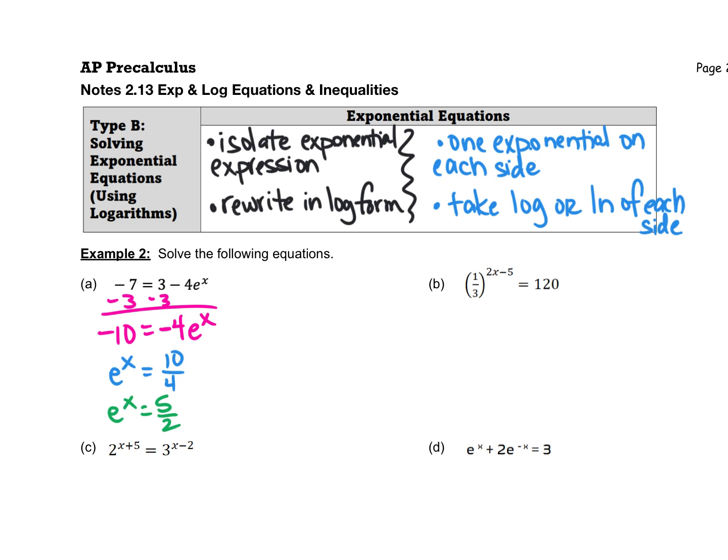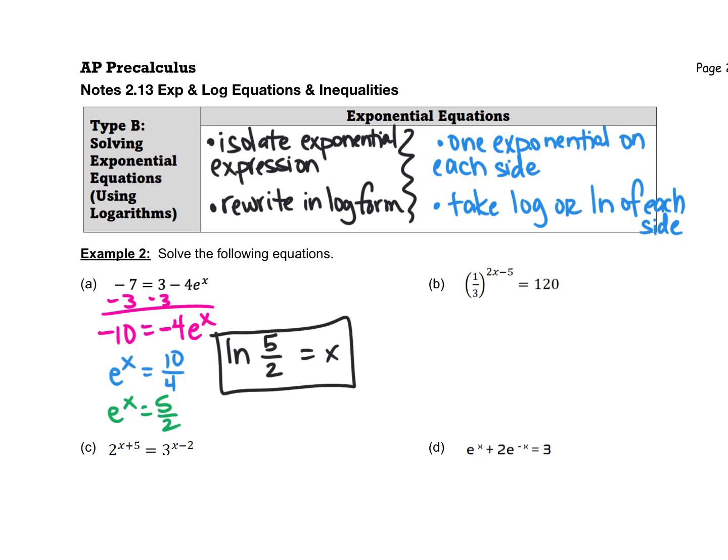Now, if I'm going to rewrite that in log form, here's why we do that. What do logarithms equal in the exponential expression? The exponent. So a log with a base of e is an ln. It's going to equal x, and what's going to go inside my logarithm? 5/2.